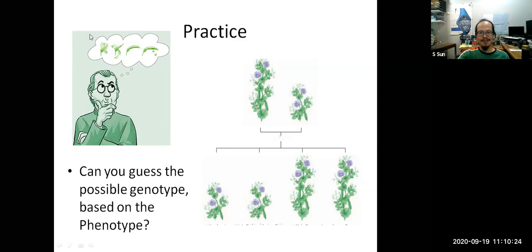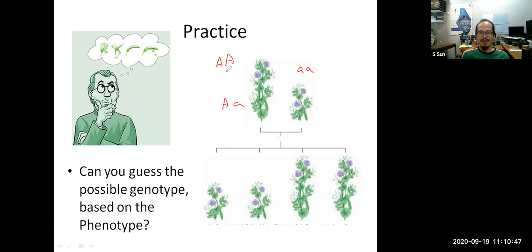What do you think? So we can try that, right? We can have only two possibilities. This one must be small a, right? Because this is recessive. This one could have two possibilities. One is AA, the other one is Aa, right?